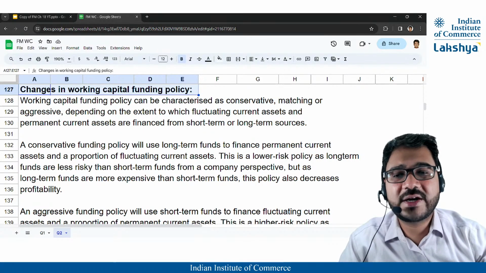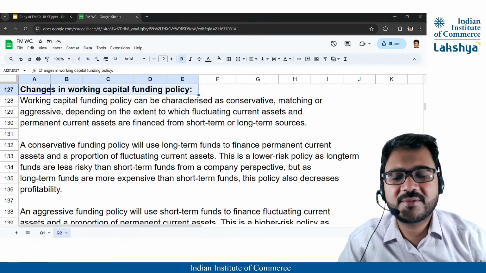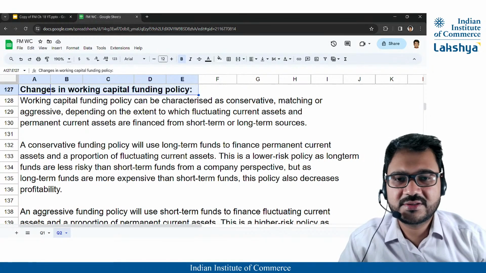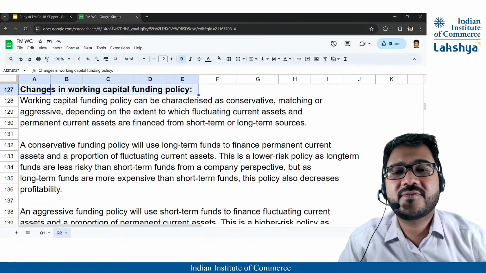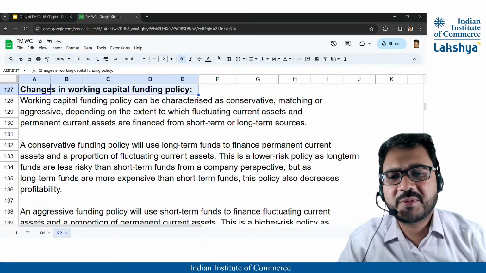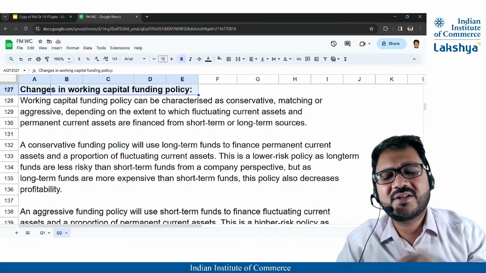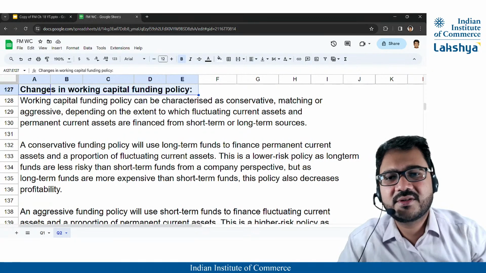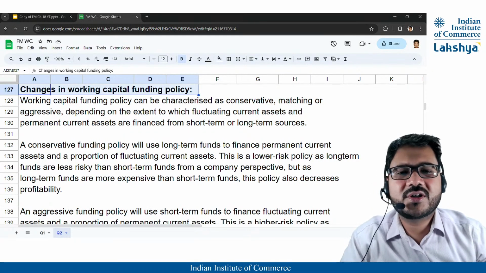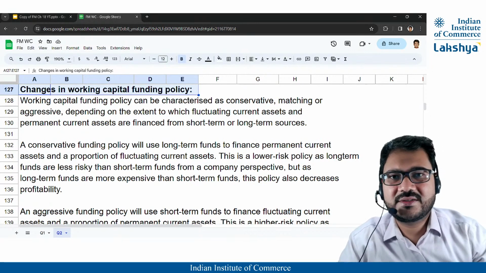Okay, so we need to fund our assets. Now we have two types of assets, current assets and non-current assets. Non-current assets typically get funded by non-current liabilities. Current assets we can bifurcate into permanent current assets and fluctuating current assets. Permanent current assets are those current assets that are like fixed. This much inventory we have to maintain if we are targeting X amount of sales. So at any given time, you will have this much in your inventory. So it's like a permanent current asset.